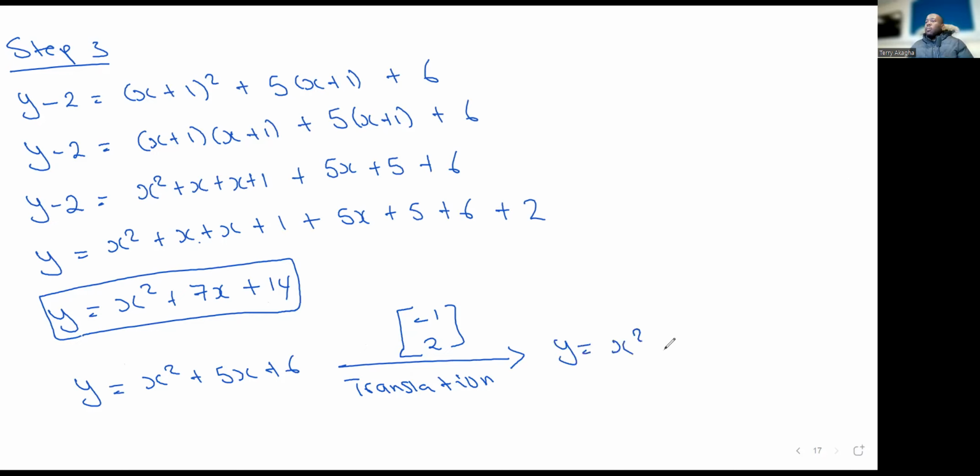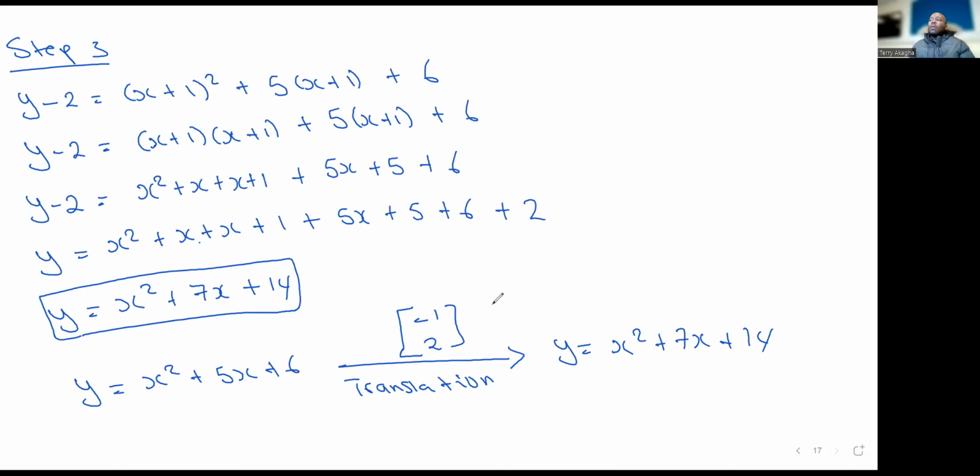So that means this particular graph moved 1 unit to the left, and it moves 2 units upwards. That is this translation, 1 unit to the left and 2 units upwards. The new graph you're going to get at that position is y equal to x squared plus 7x plus 14. So let's draw the graph and see if we get exactly the same thing.